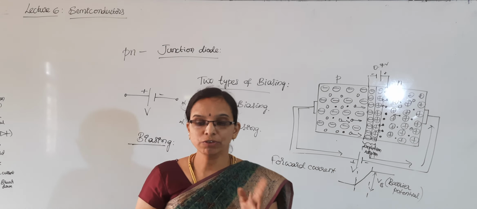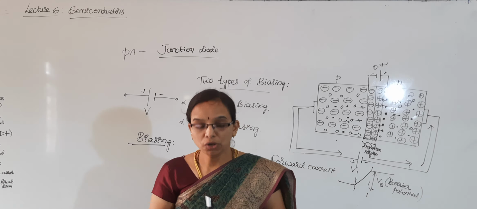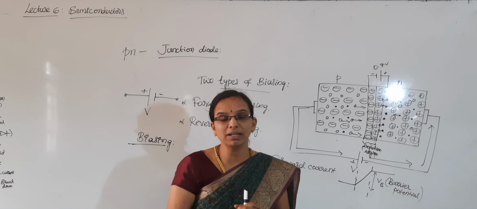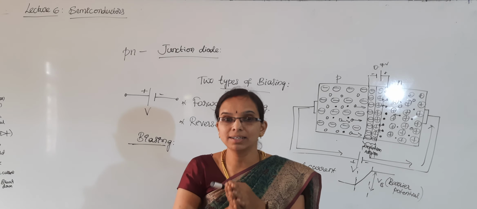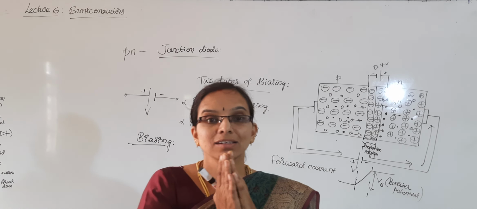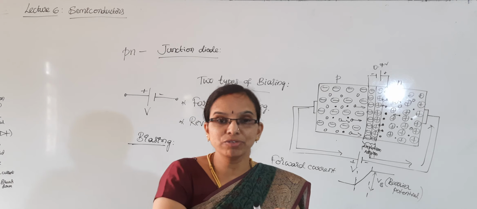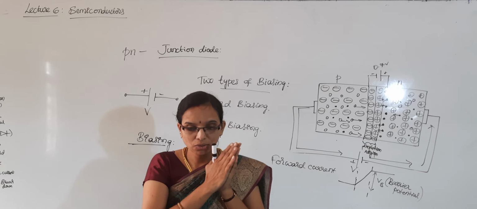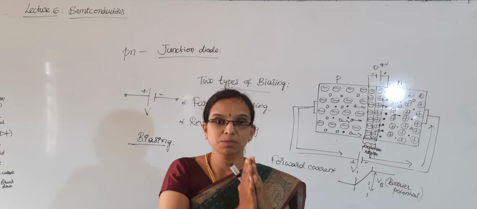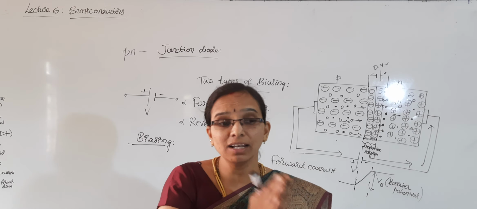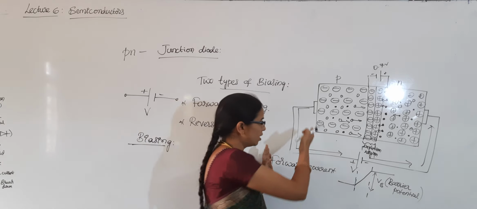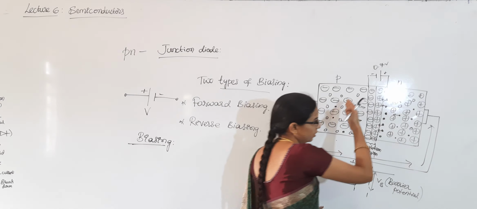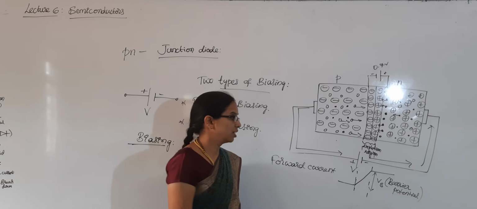Because you have to know one thing, a hole is nothing but an assumption. There is no such particle in reality as a hole. But a hole is nothing but a deficiency of electrons. So hole movement can be expected only in p-type material, and electron movement in n-type material as well as in the external circuit.